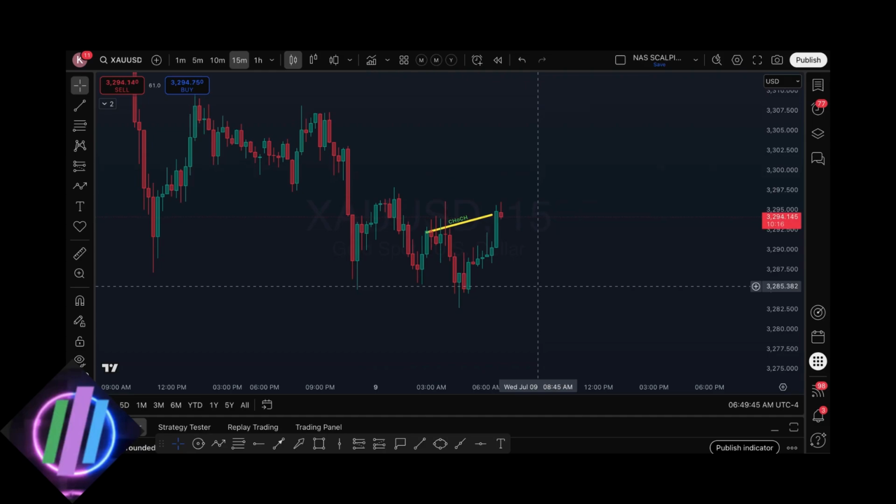Okay. What confirms the bias? This means to be cautious because bulls were able to close price above the highest point that made the most recent low.